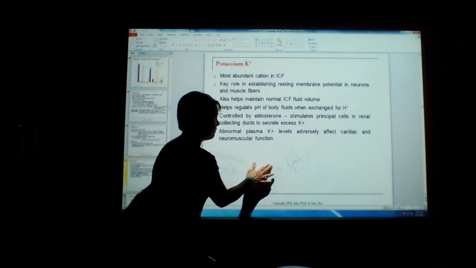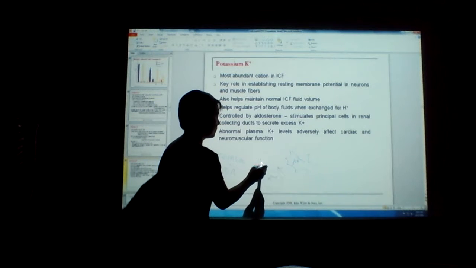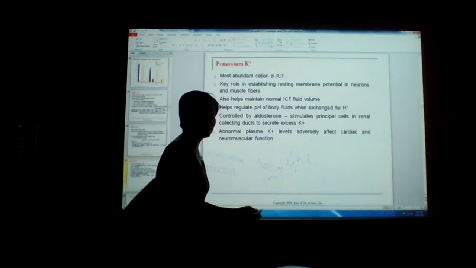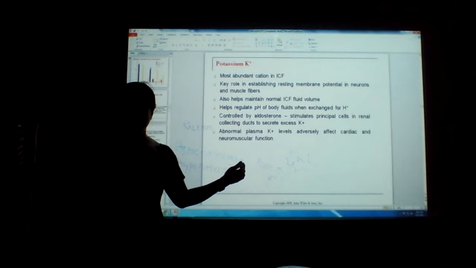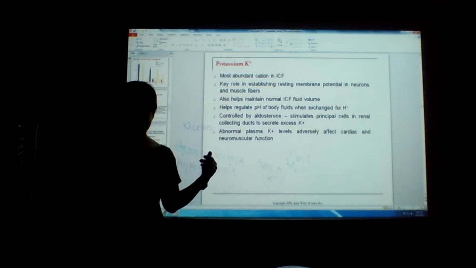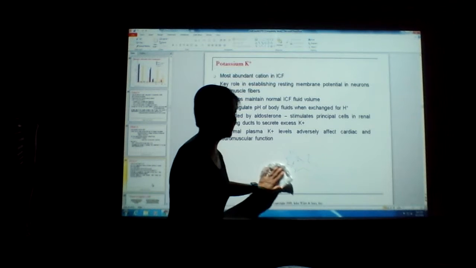Predict what will happen if it's hypokalemia. More negative. So you cannot stimulate this neuron as easily. They become listless, and then eventually maybe they go into a coma. Remember, what are we going to think about sodium? Always think blood volume right away, blood pressure. Now, potassium, think nervous system.